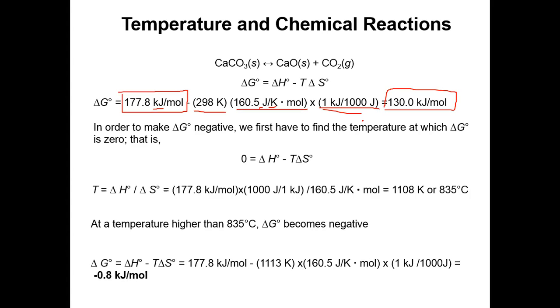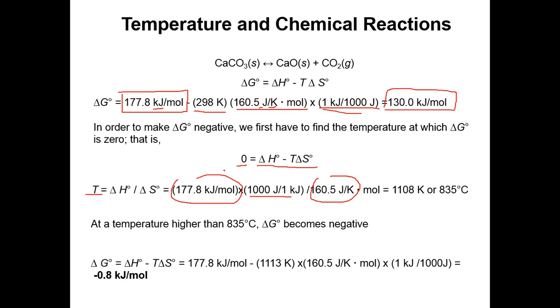Okay, so what we can do is make equilibrium conditions. Say delta G is 0, then we have this equation over here, right? And then let's put all parameters in here. So we have 177 kilojoule per mole, this is the conversion factor, this is entropy, and then we can find temperature.